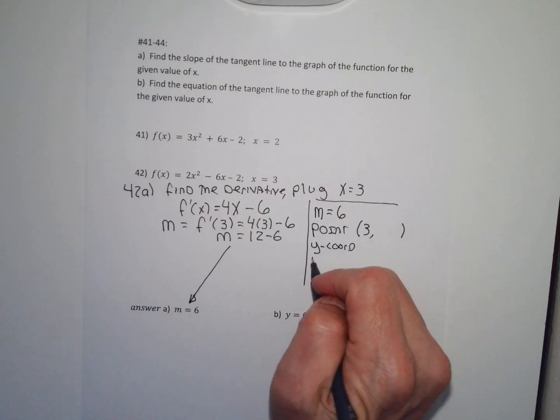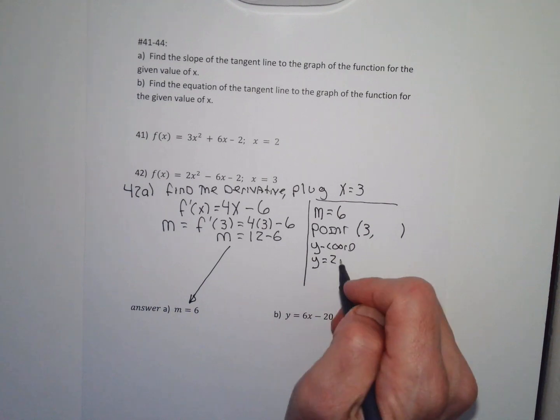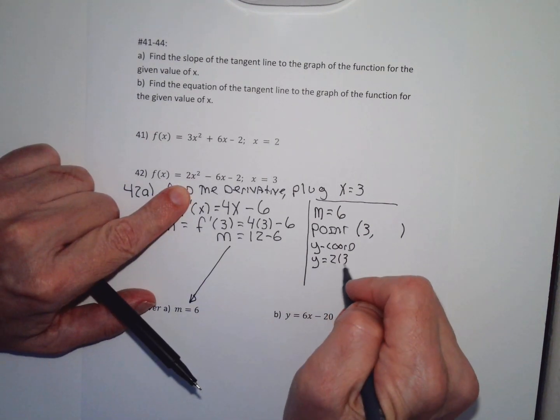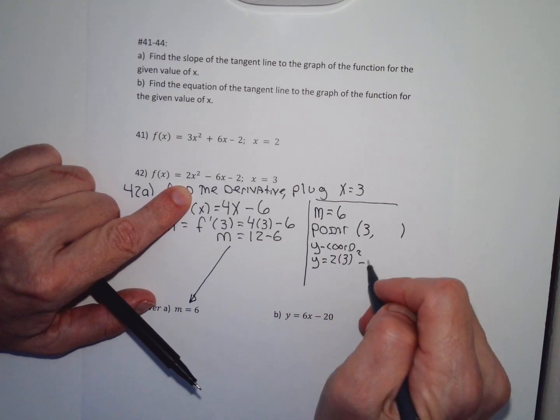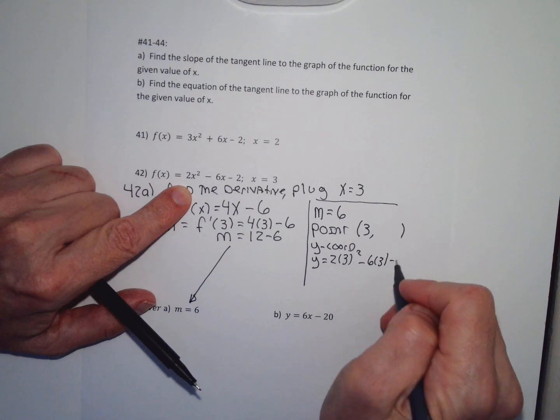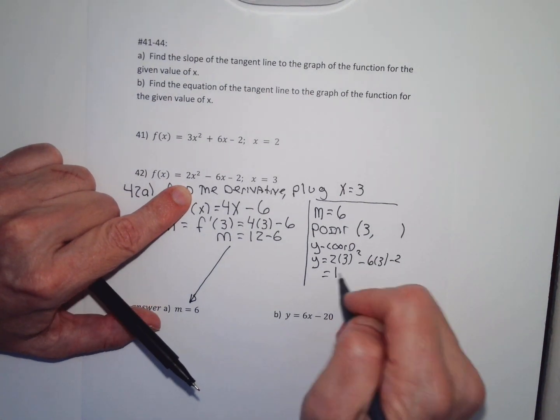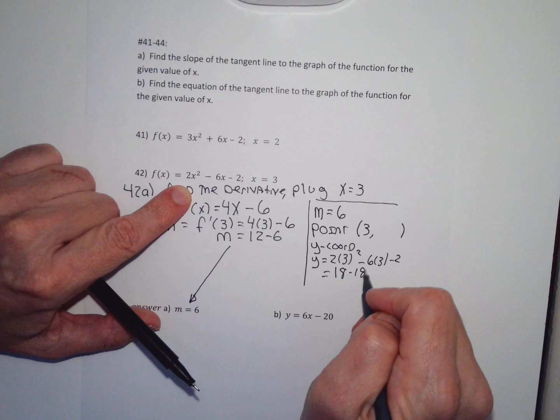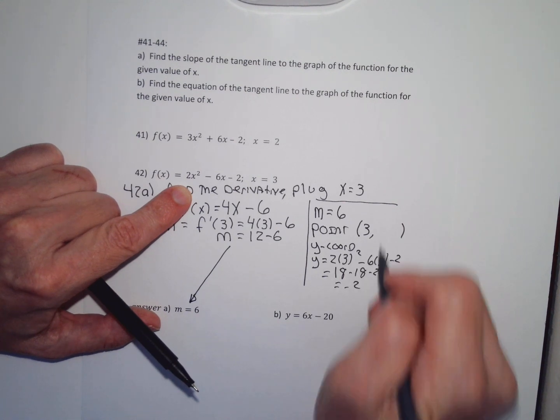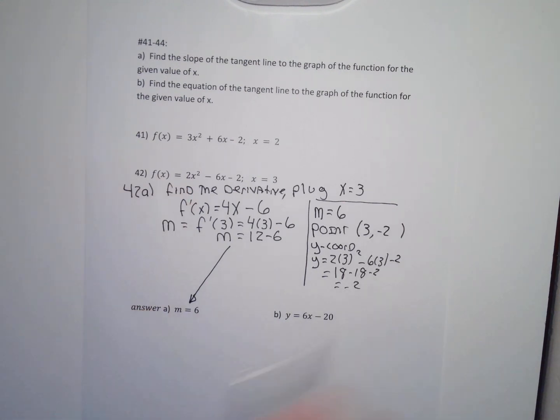So I'm going to get y equals 2 times 3 squared minus 6 times 3 minus 2. This is dumb to do without a calculator. I think I get minus 2. That's assuming I did that math okay in my head. You should use a calculator.